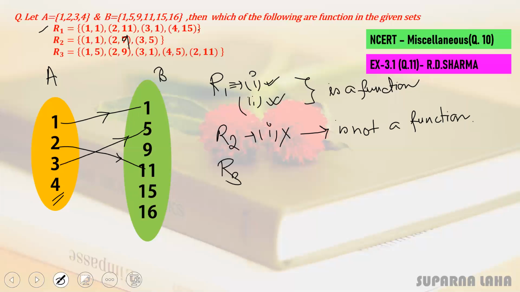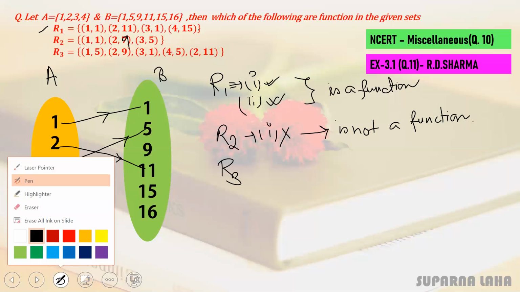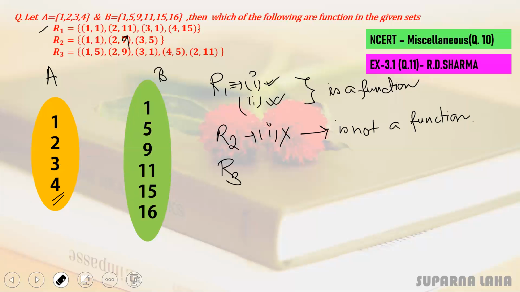Moving to number 3. So draw the diagram first. 1 to 5, 2 to 9, 3 to 1, 4 to 5, 2 to 11. So every element has an image, but number 2 does not satisfy. Why?